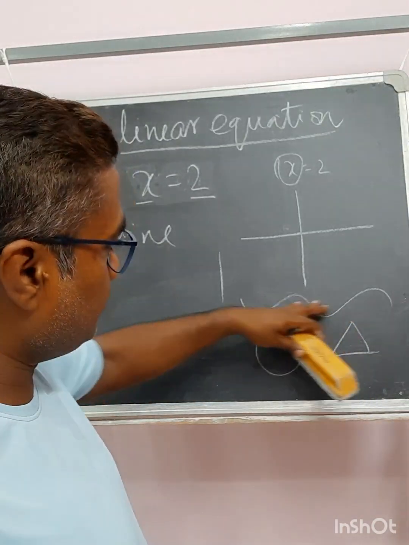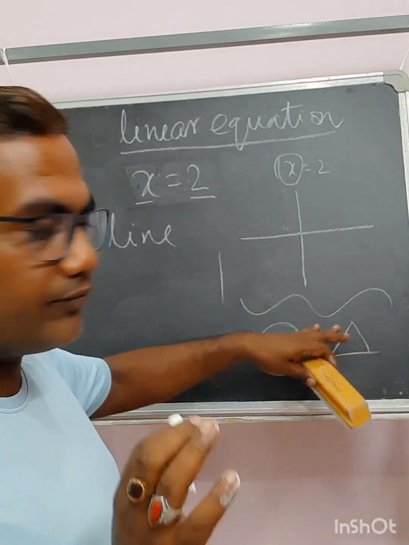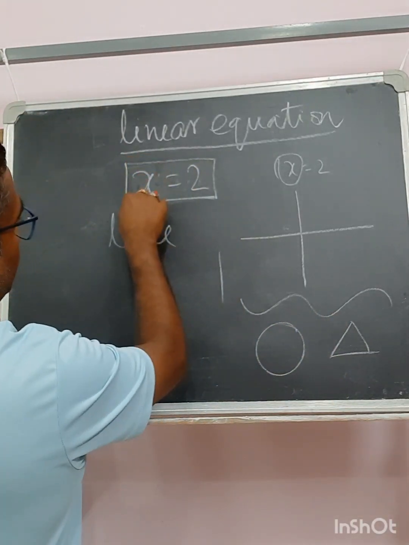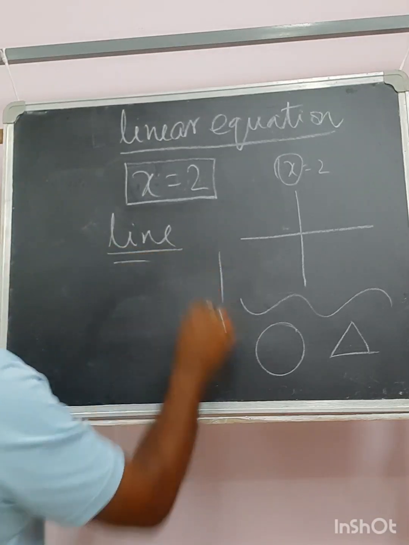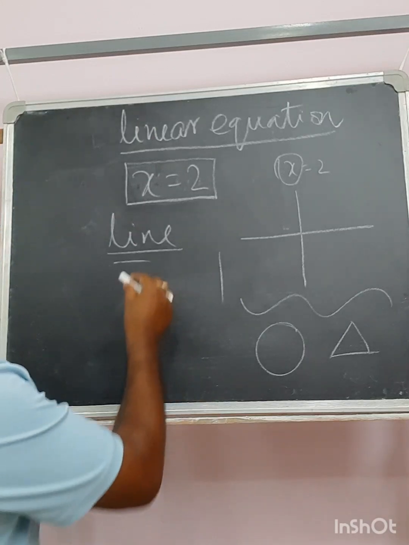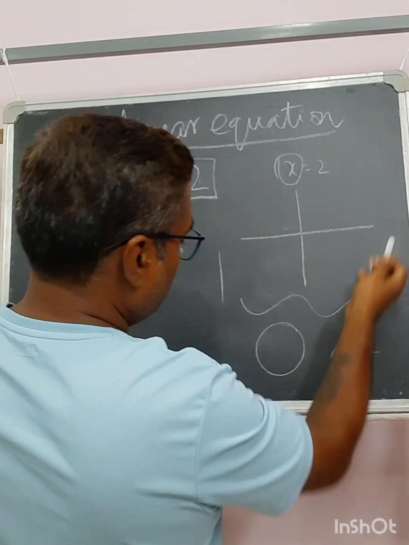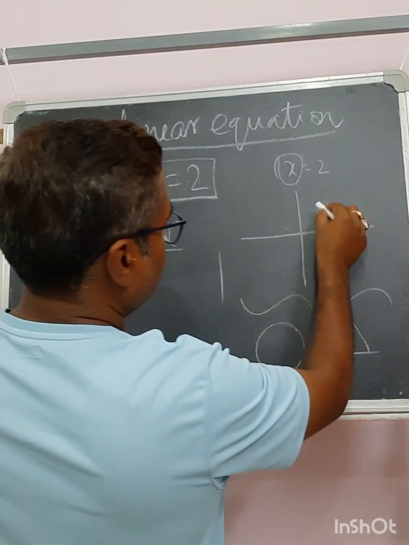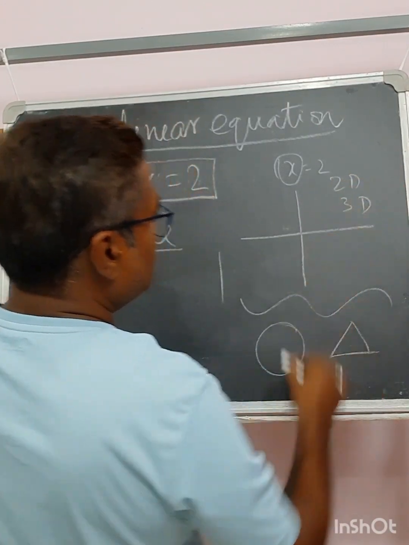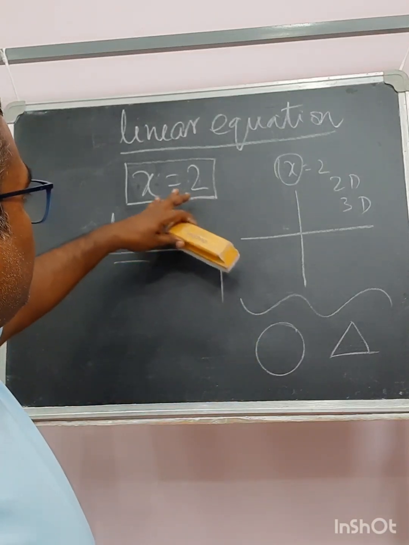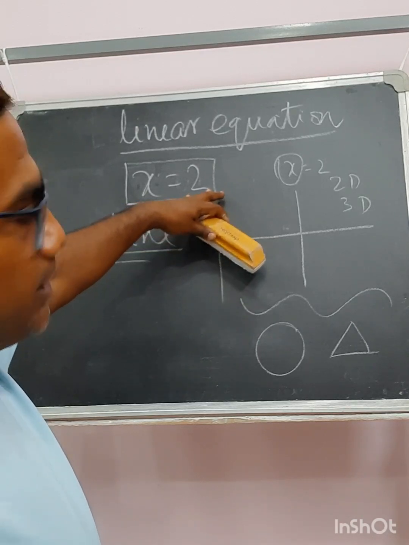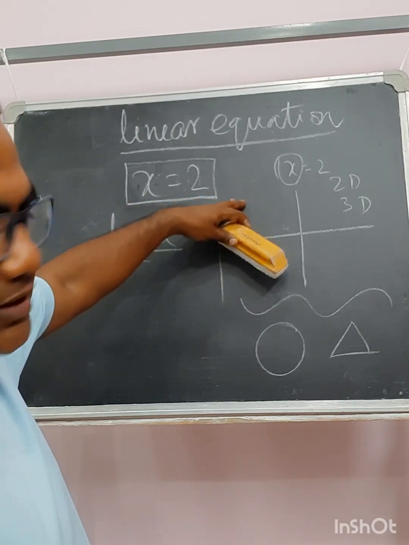So everything can be represented in the form of an equation. So this is represented as a line. Then it is possible to represent it in a 2D figure or 3D figure. Accordingly, I can explain why even if it is x equal to 2, it can vary its value with this equation also.